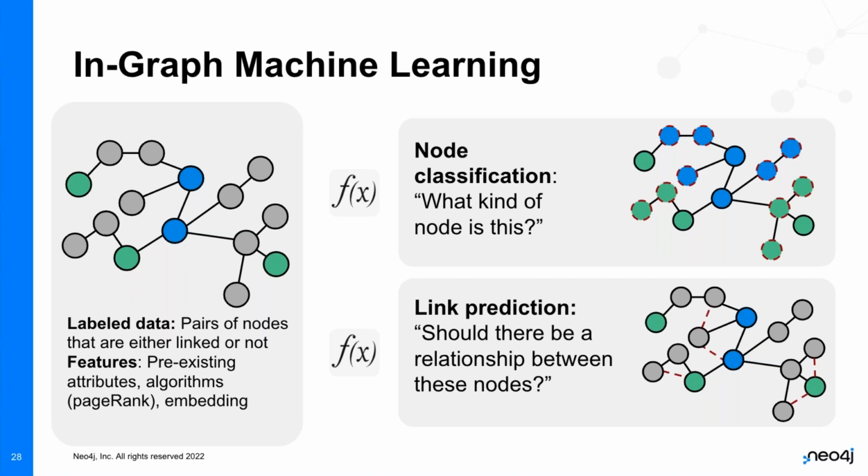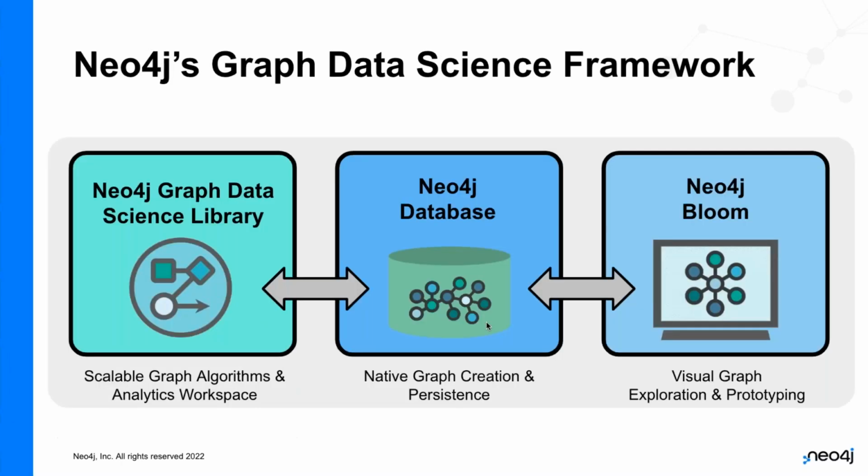And you can see that machine learning models enhanced with graphy features have better predictive accuracy than not using connected features or graphy features. And there are a few beautiful examples to support that claim that I just made.